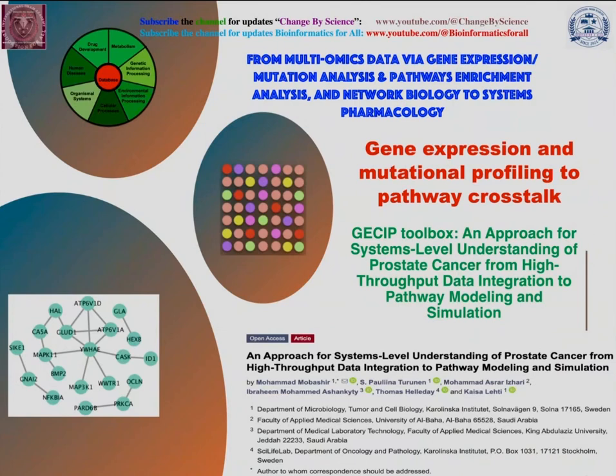Hi, today I am going to present one of the most interesting topics, which is basically the new advancement in multi-omics data analysis and their real application, or you can also say the case study.